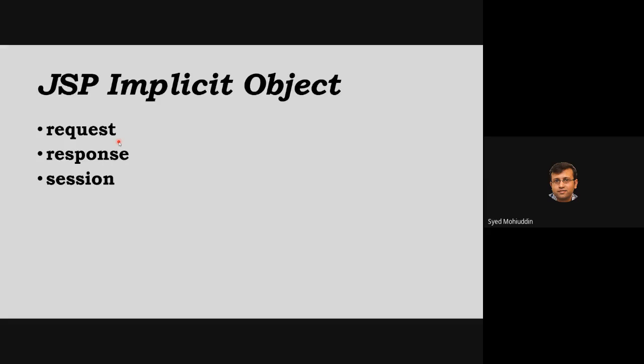There in the servlet, we have created HttpServletRequest, with request as the object, argument, parameter. But here we will not be using HttpServletRequest. We already have implicit objects already defined in JSP. Those are nothing but request, which corresponds to HttpServletRequest, response, which corresponds to HttpServletResponse, and session, which corresponds to HttpSession.